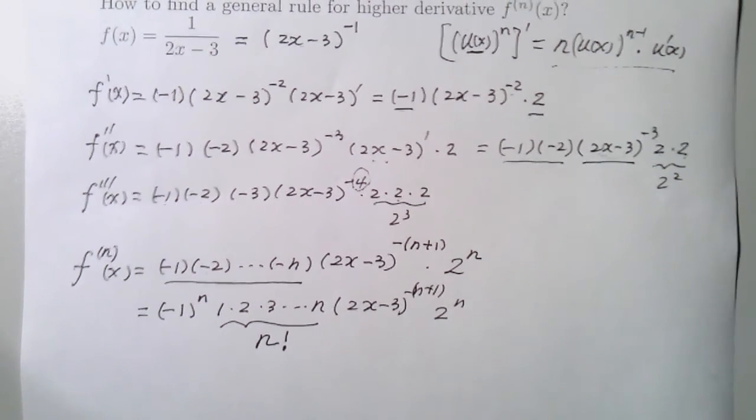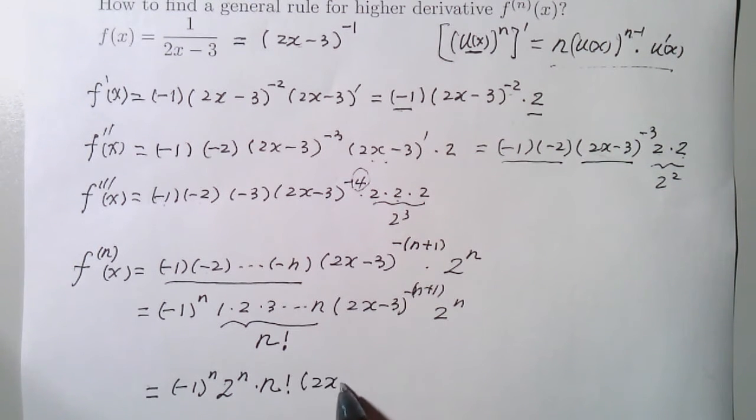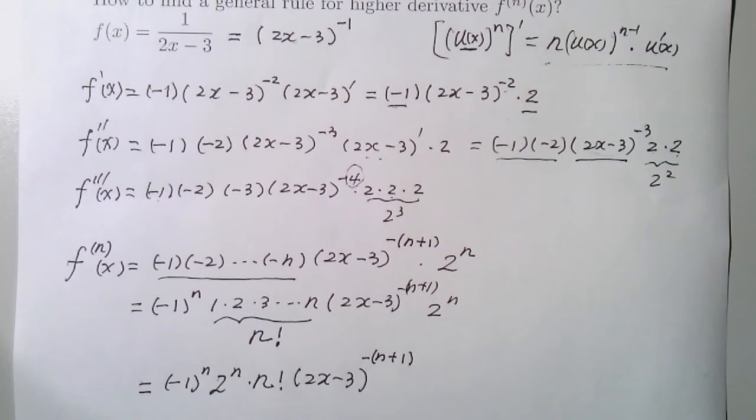So we write this in a nicer looking way: -1 raised to n, times 2 raised to n, times n factorial, times 2x minus 3 raised to -(n plus 1). That gives us the general rule.